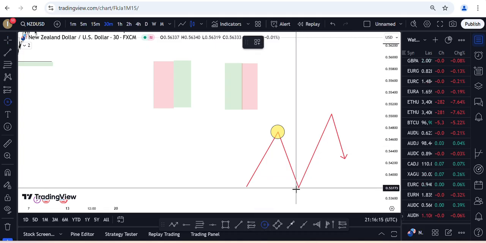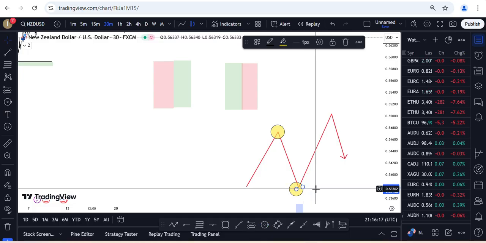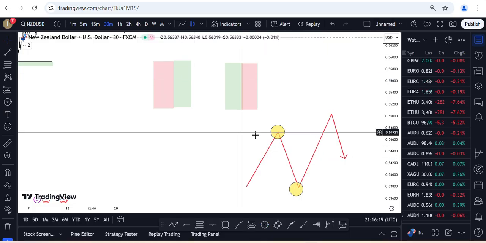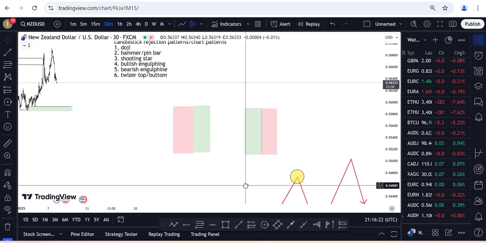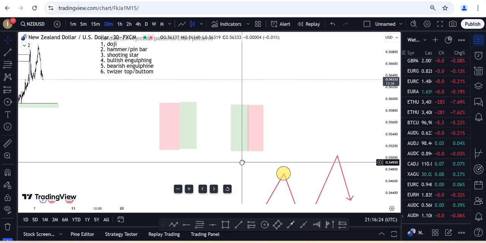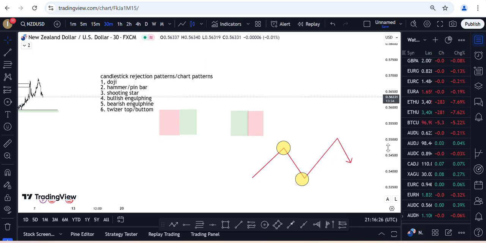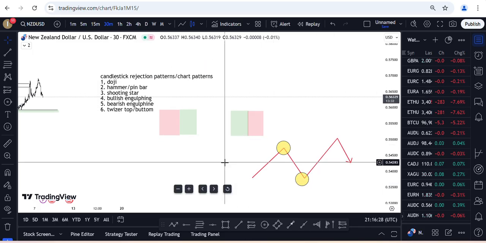If you see the pattern at the bottom here, it's called a tweezer bottom. So all of these candles I just explained are kind of candles you will see in the market, and then you say, okay, this guy is either now bearish or going to be bullish, as the case may be. So that is that on candlestick pattern.